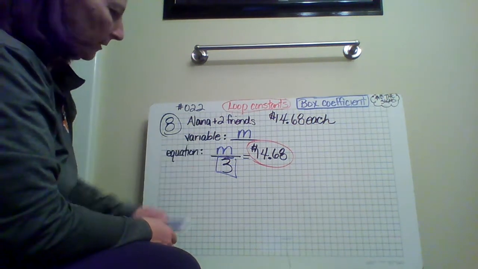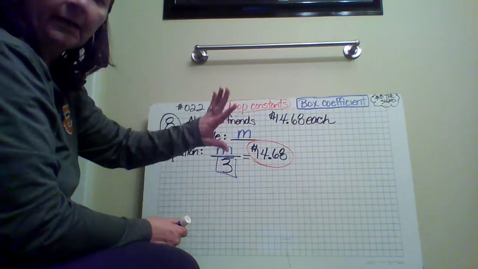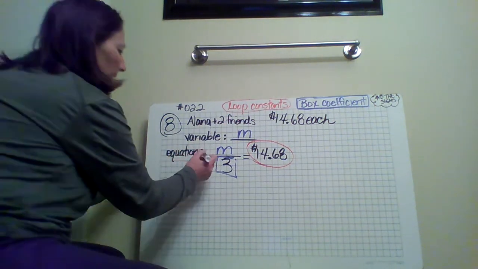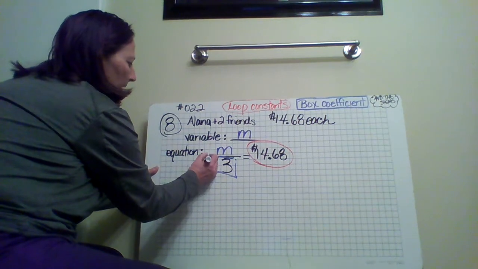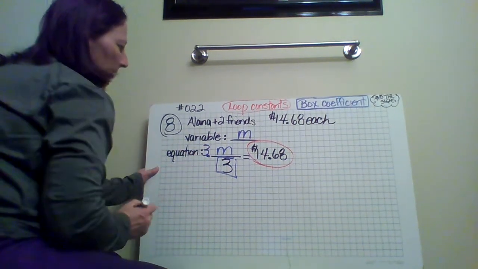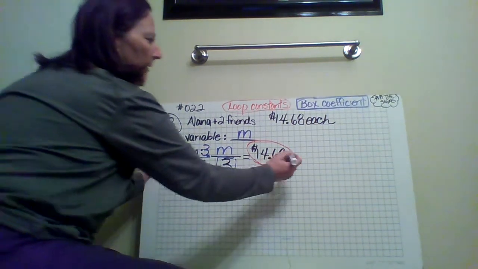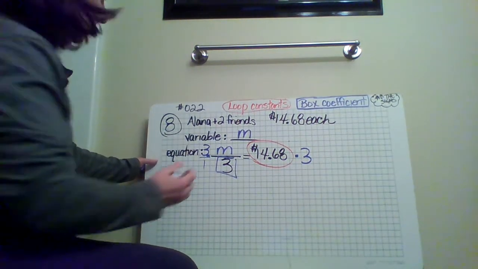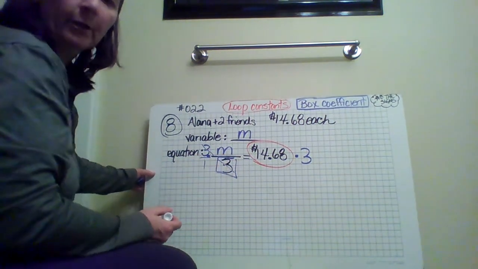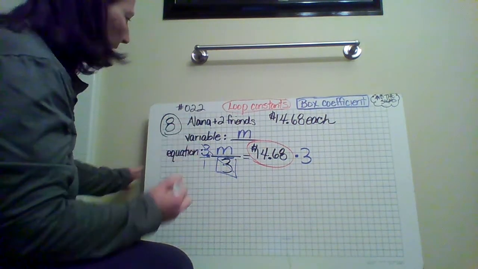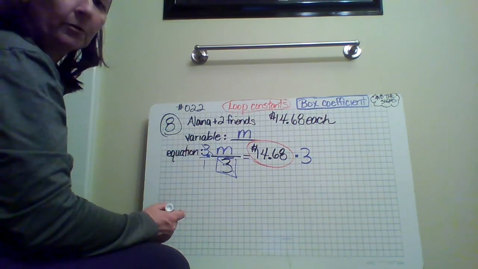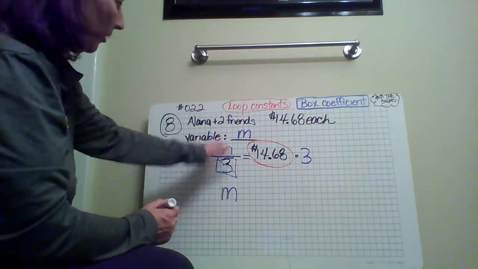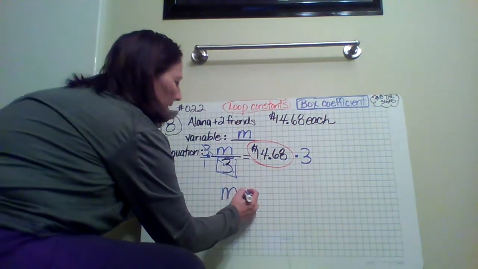So m divided by 3, I have to undo divide. The way I undo divide is to multiply. So I'm going to multiply by 3 on this side, which is 3/1. I'm also multiplying this side by 3. That way, I have 3/3, which is 1 whole. We know that that is the reason why those will cross out. And then I'm left with my variable all by itself on the left side.